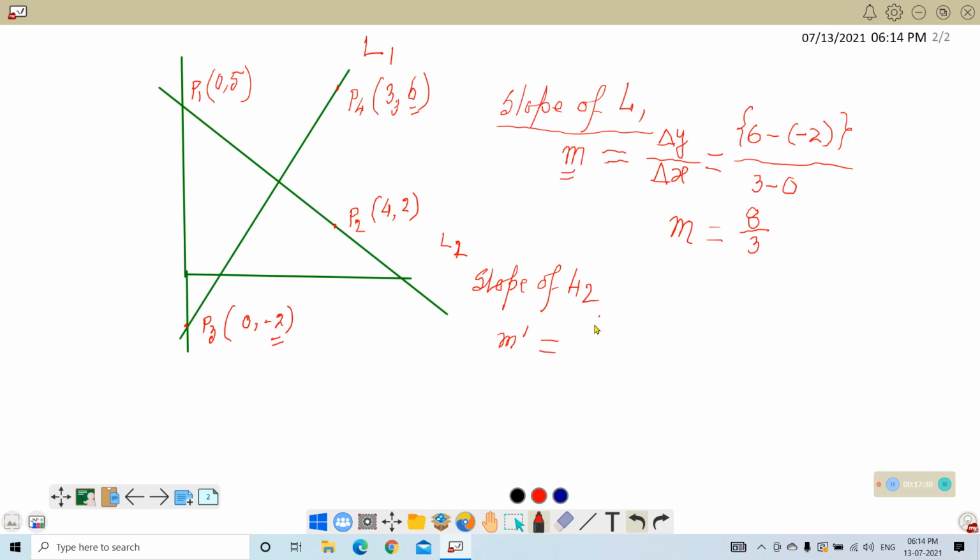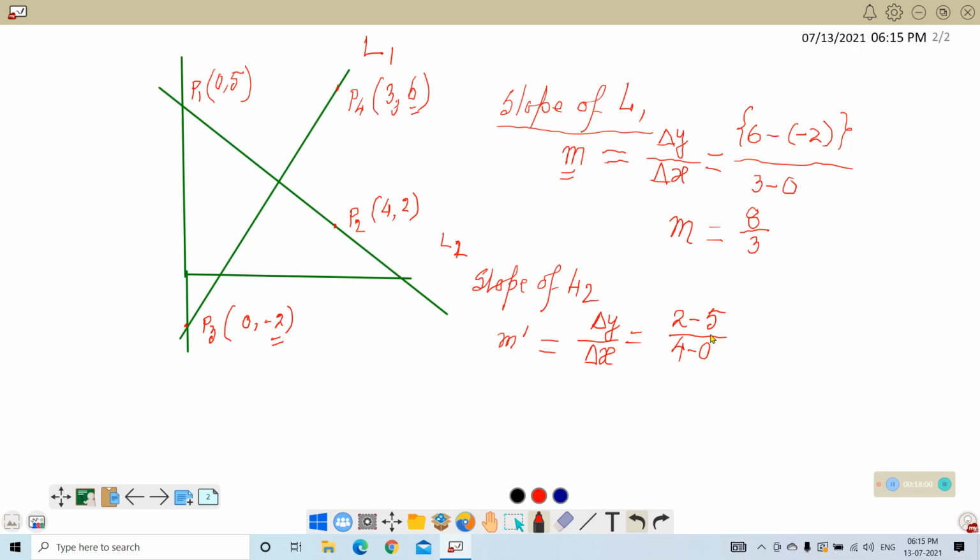M prime is equal to delta y by delta x, particularly in this case, is equal to 2 minus 5 divided by 4 minus 0.